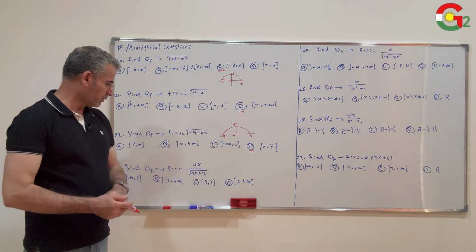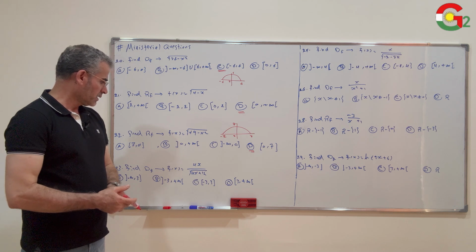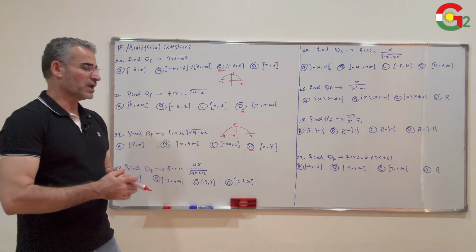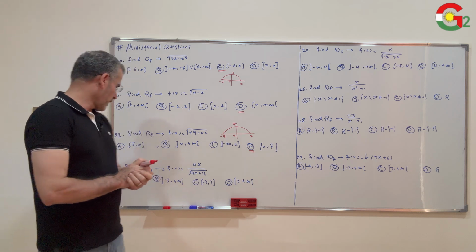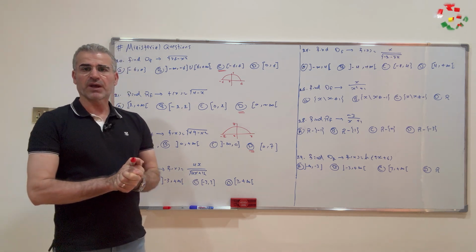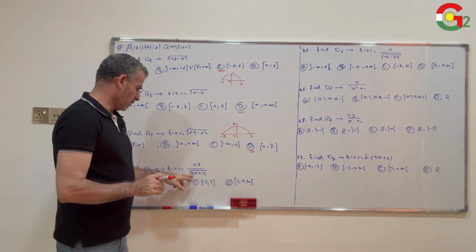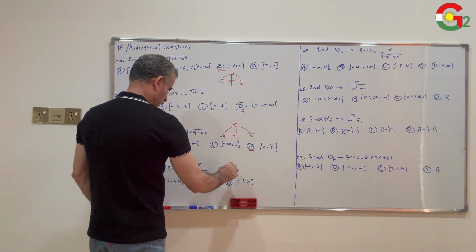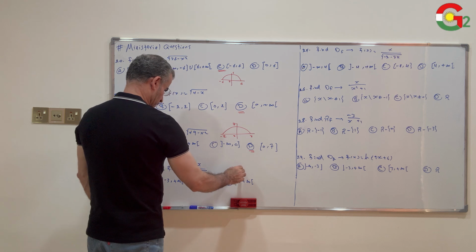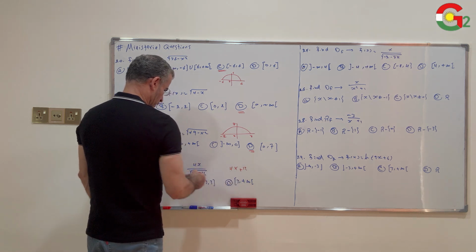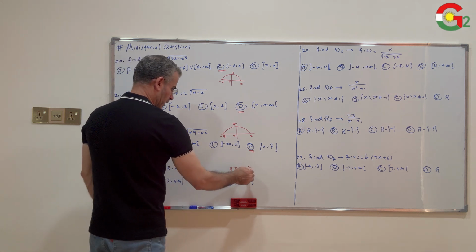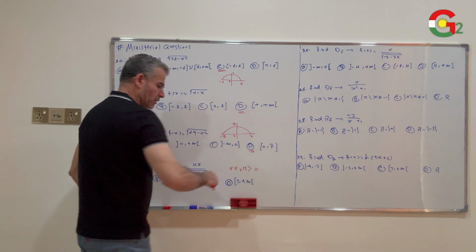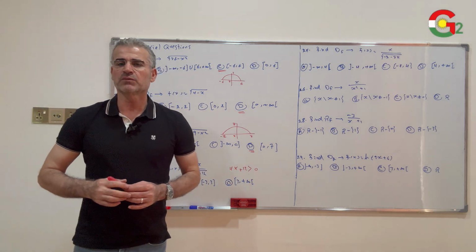Find the domain of the function 4x over square root of 4x plus 12. Since the numerator is 4x, the domain of the numerator is R. Let me find the domain of the denominator. 4x plus 12 is under a square root, so it should be greater than or equal to 0. Since it is in the denominator, the term should not be 0.